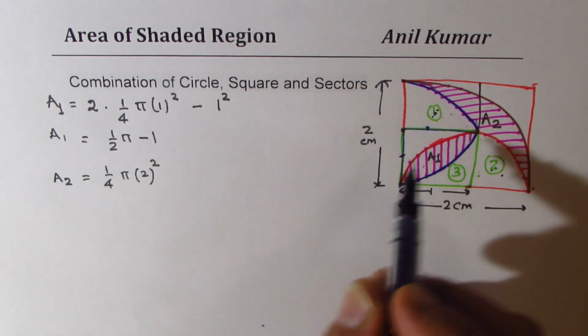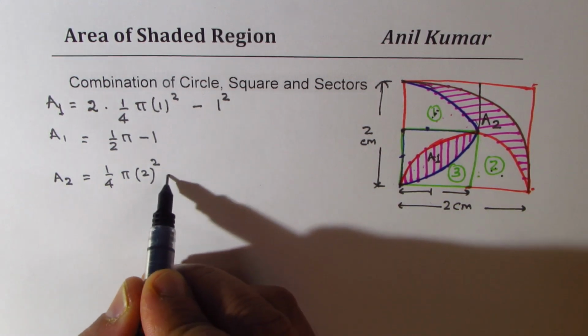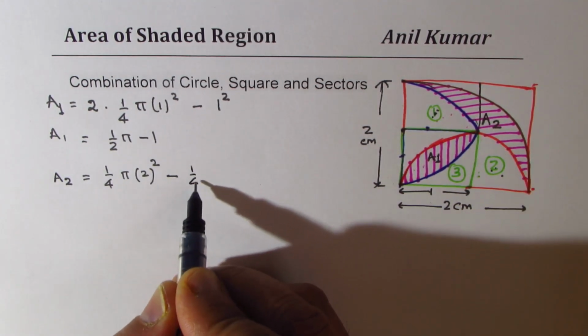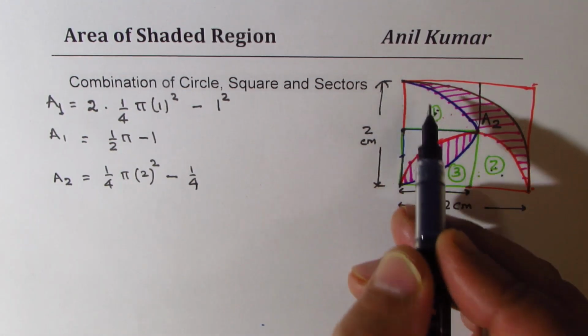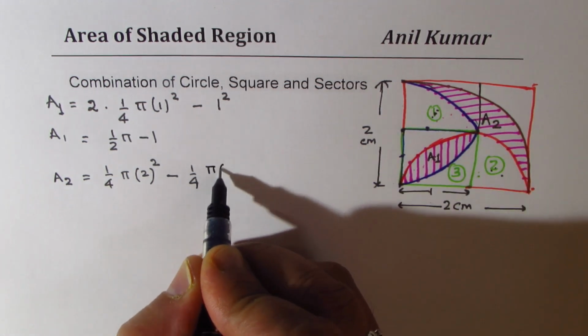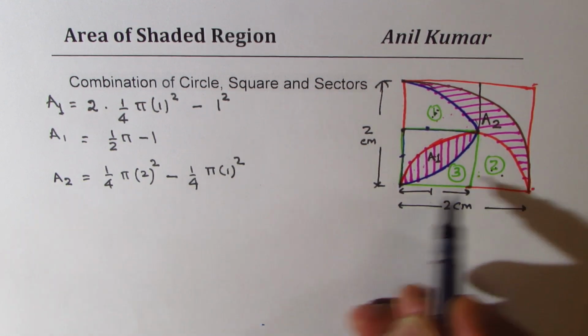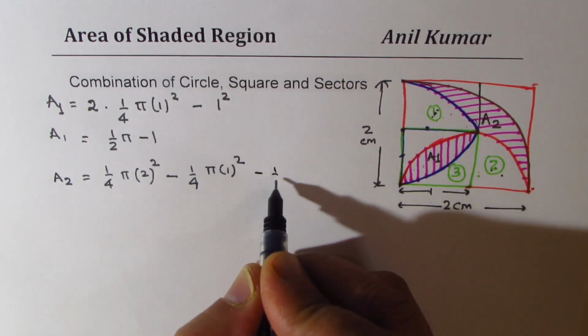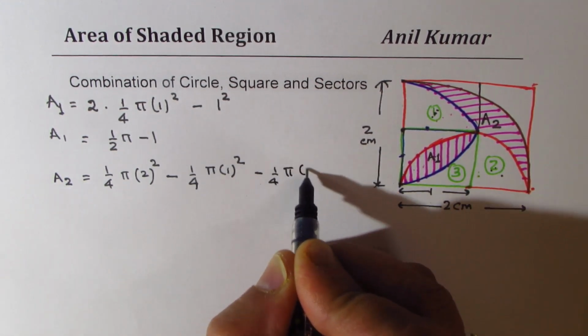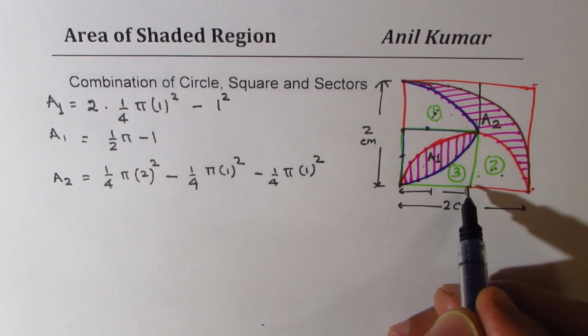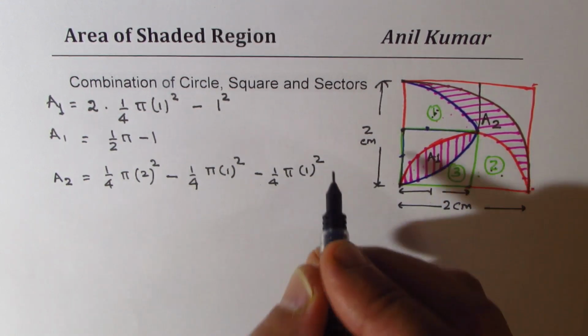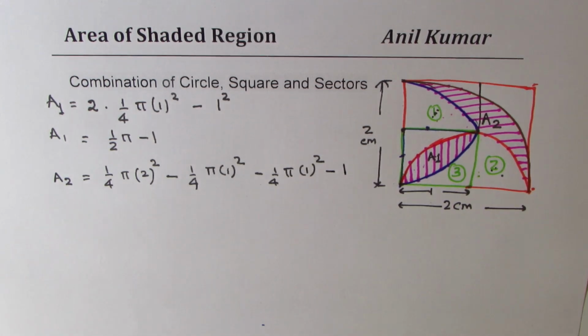So area 1 is 1/4 area of the unit circle, which is pi 1 square, and this is also 1/4 pi 1 square, and this area full is 1 square.